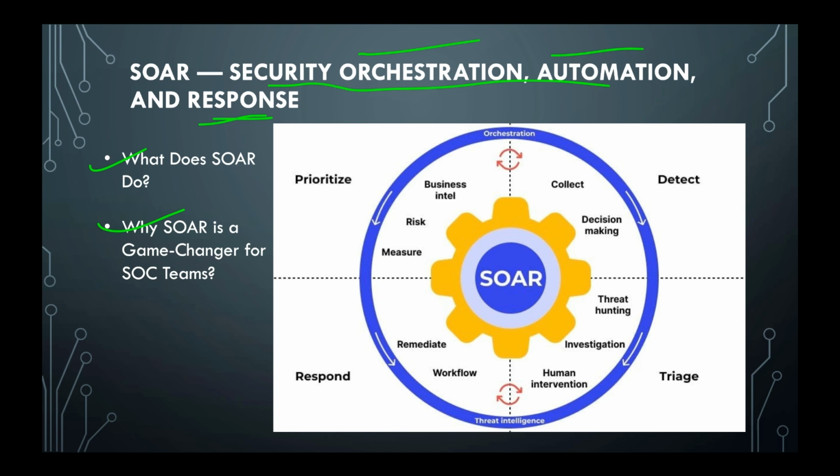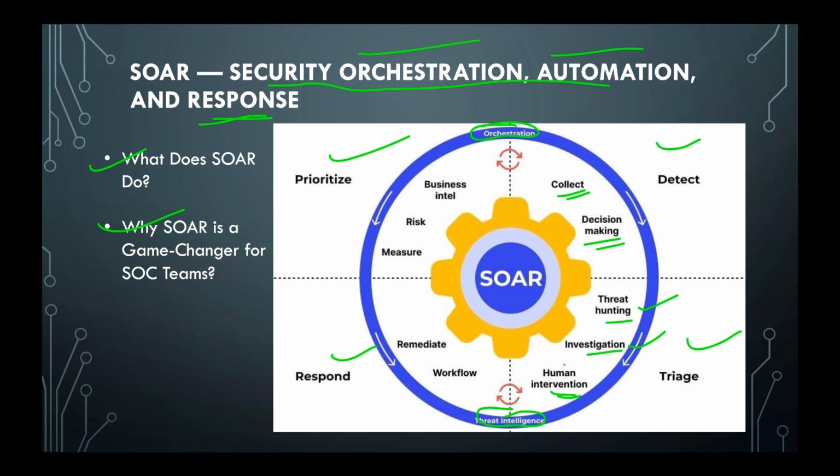Now you have a visualization here. So you can see the orchestration and threat intelligence here. What it will do is detect, triage, respond, and prioritize the tasks. So this is SOAR. It collects the data, makes the decisions, and also does the threat hunting, investigations, and human interventions.